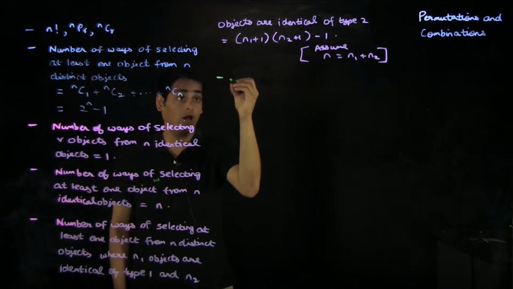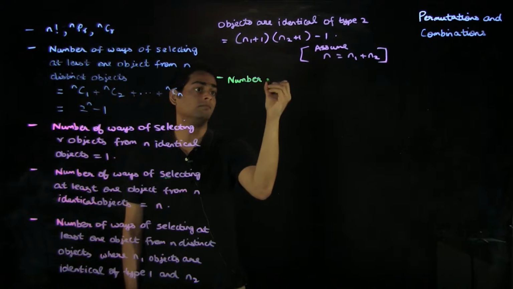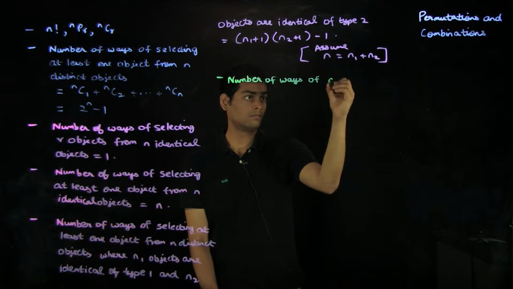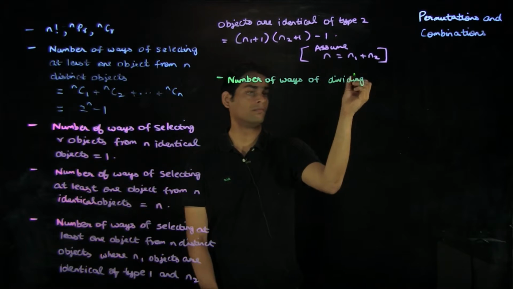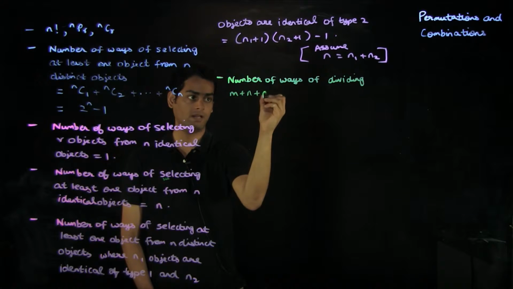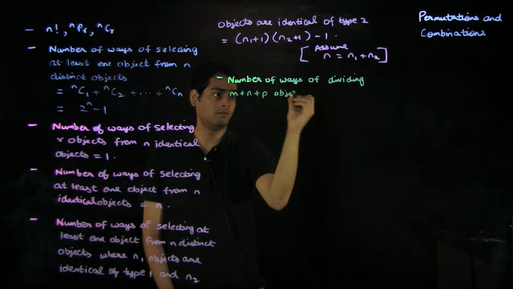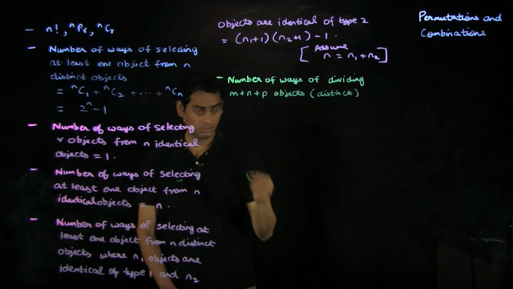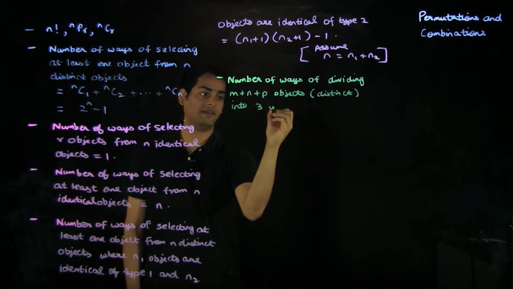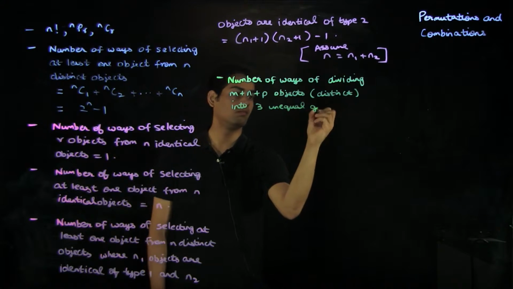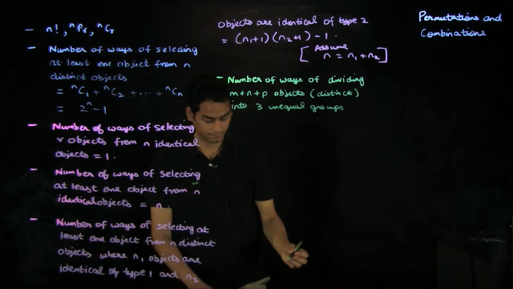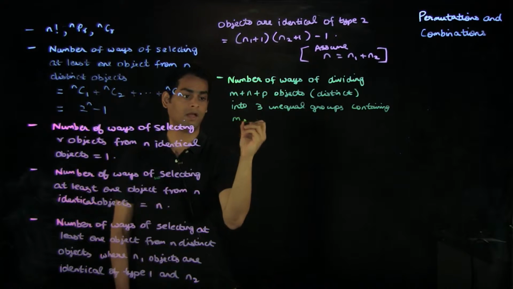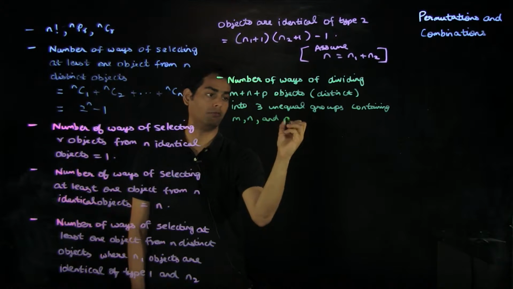So for instance, the number of ways of dividing m plus n plus p objects which are distinct into 3 unequal groups containing m, n, and p objects.